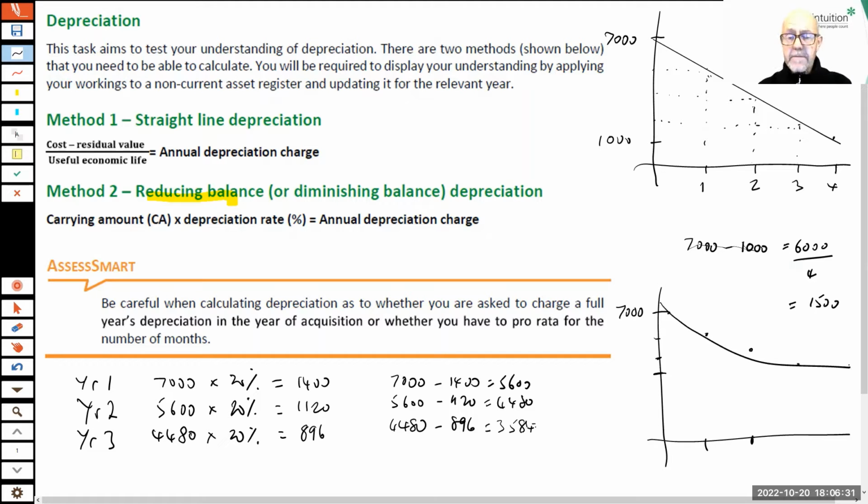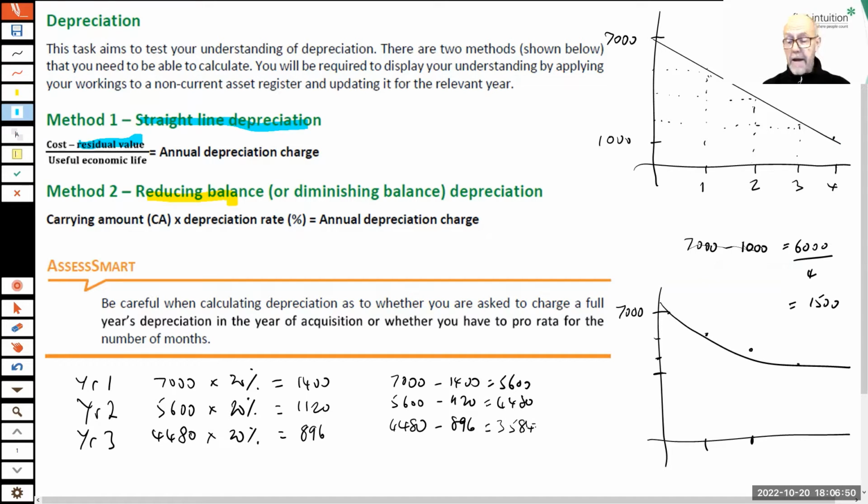Useful bit of exam technique here. With straight line depreciation, there is a mention of the residual value, because step one is to work out how far the value will drop. Step two is to share that over the years.